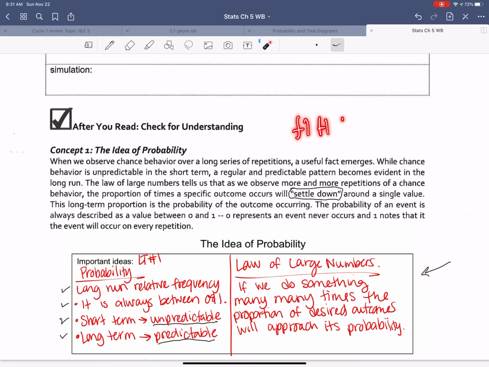If I got heads all three times, that's an experimental probability of 3/3, which is 1. But in the long run, if we kept going, we might get a tail, a head, a tail, a head, a tail, a tail. As we keep going, in the long run, it'll settle down around 50%, and I'll get heads about half the time.